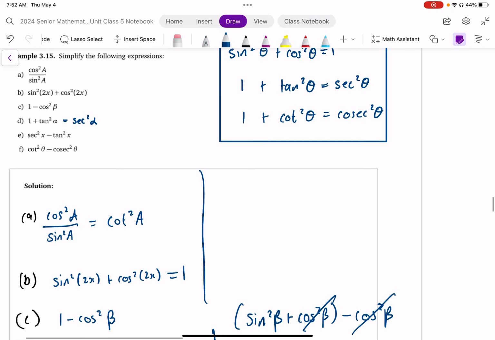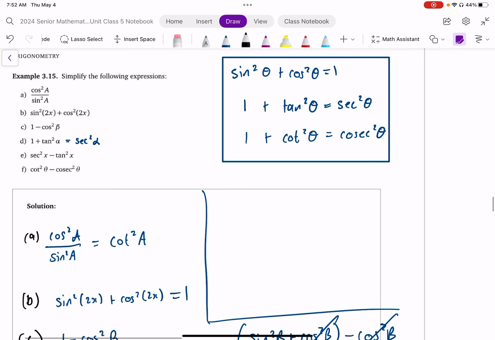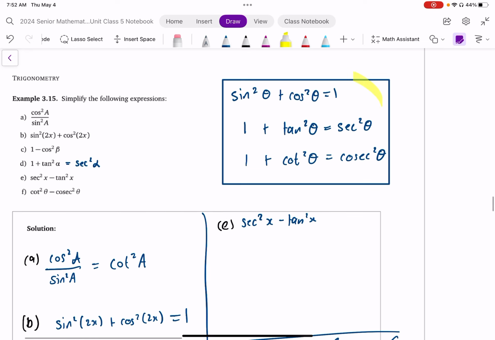Okay, I might have some space here. So for question E, I've been given sec squared x minus tan squared x. So I look at my 3 trig results and see which one matches or what components are there. Okay, well, I've got sec squared. I've got a whole equation where sec squared already is the subject, so I can replace that sec squared with a 1 plus tan squared.